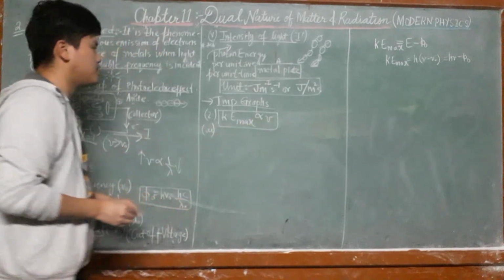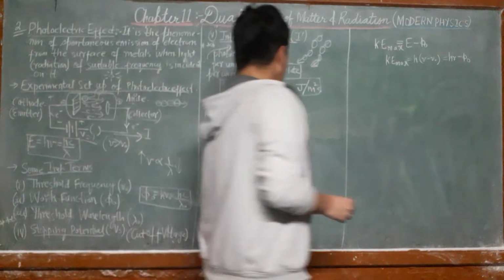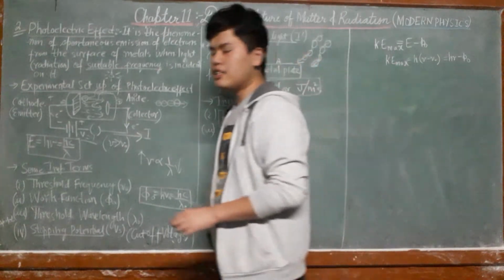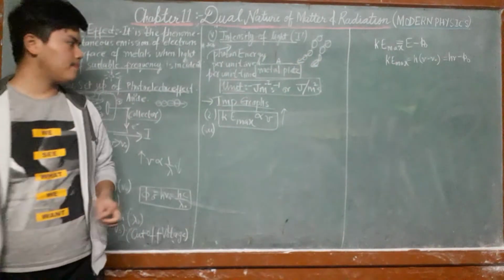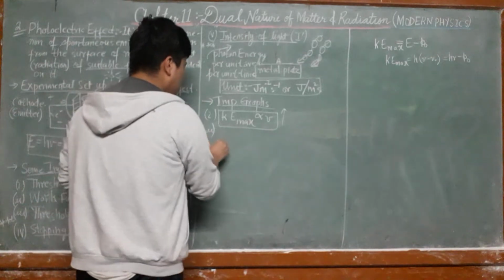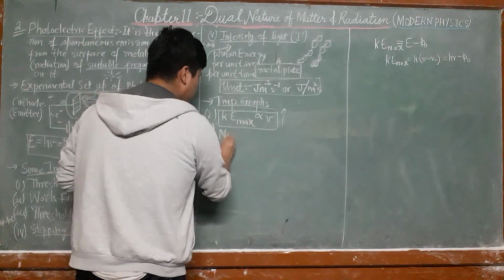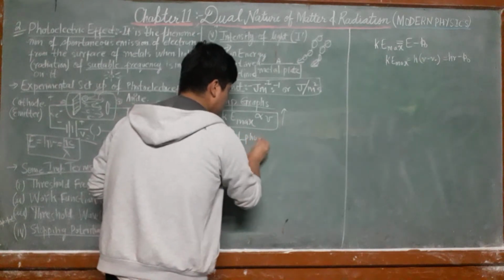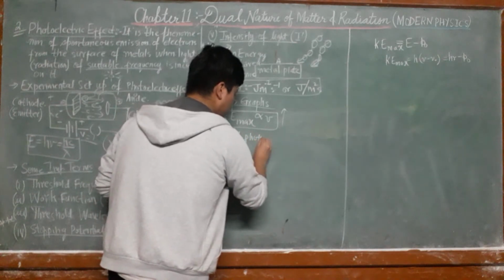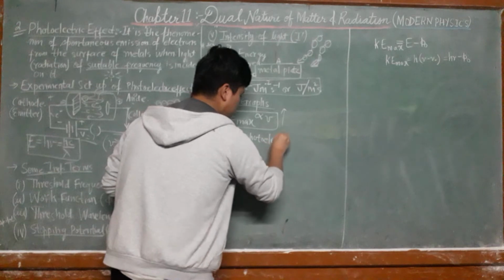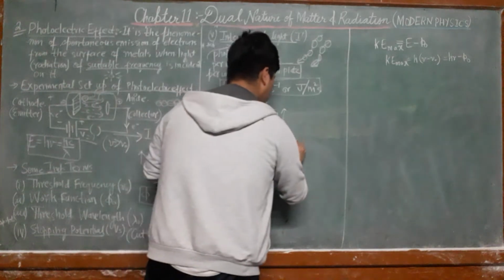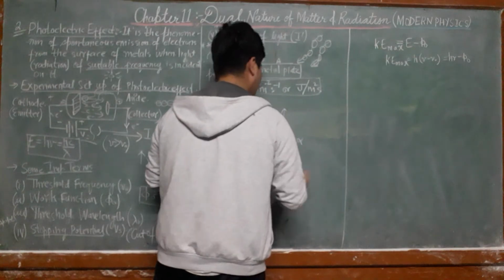Now the number of photoelectrons emitted is directly proportional to intensity.